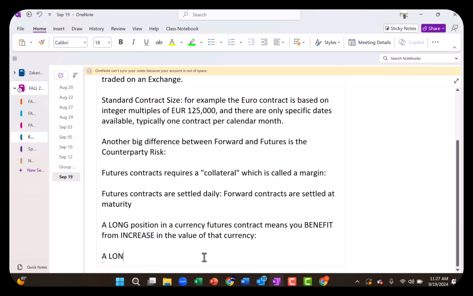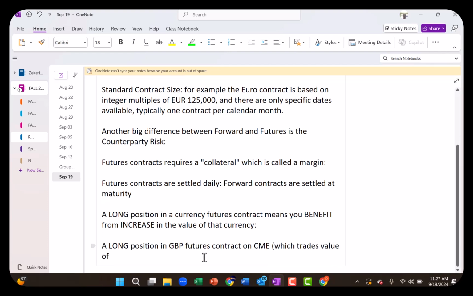So a long position in a GBP futures contract on CME, which trades the value of GBP in US dollars, which just happens to be the same as the convention.